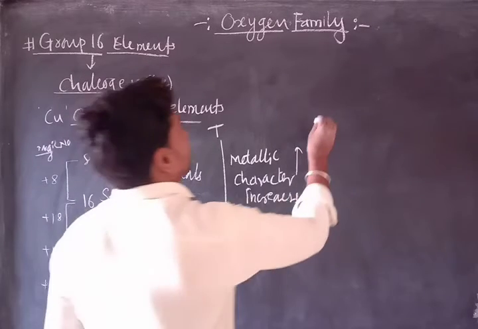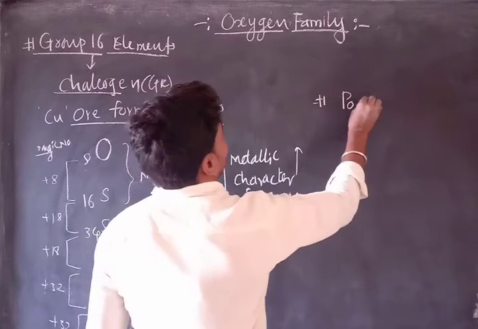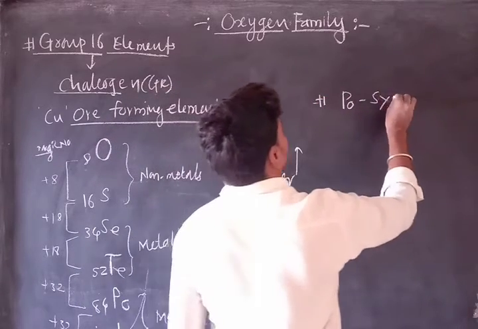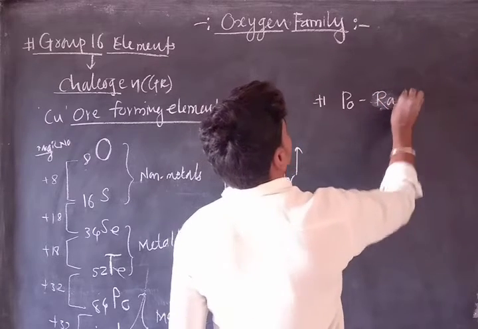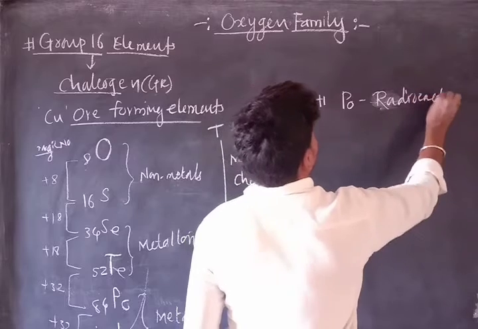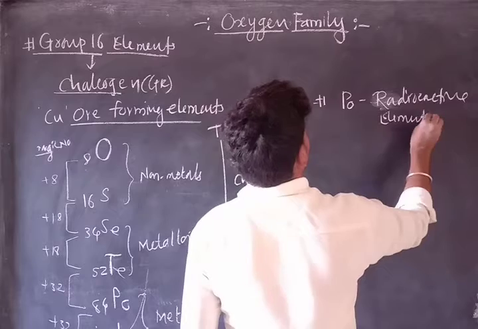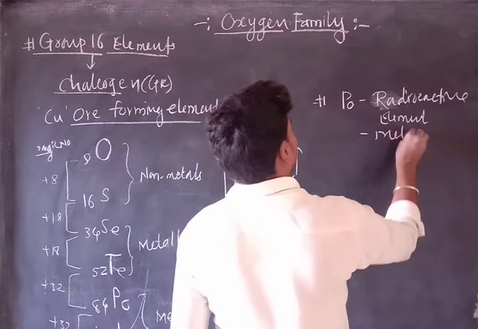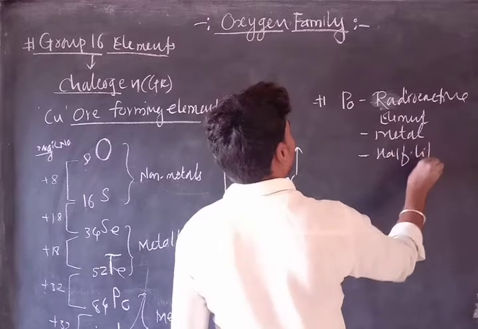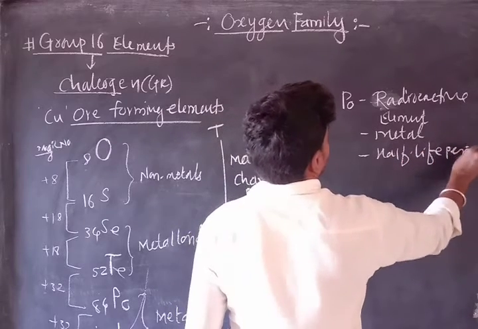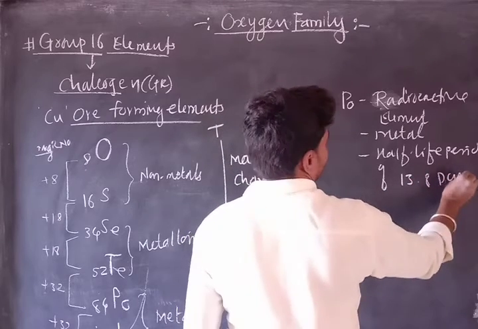Among these elements, polonium is a natural radioactive element, which is a metal having a half-life of 13.8 days.